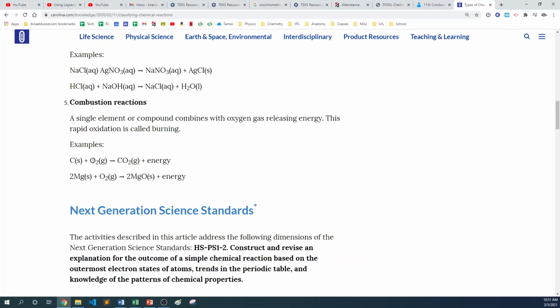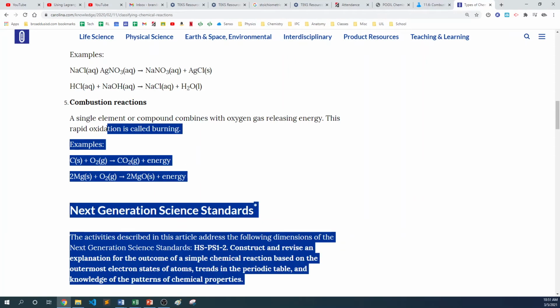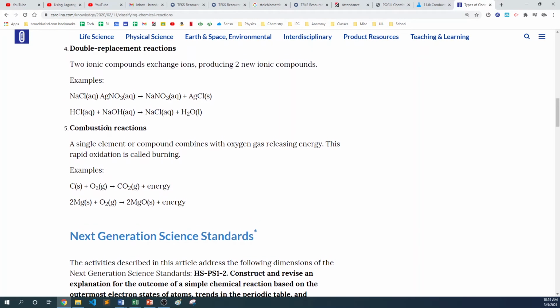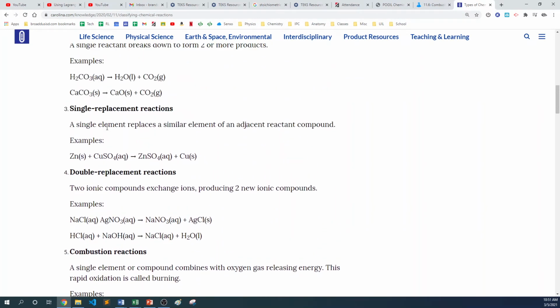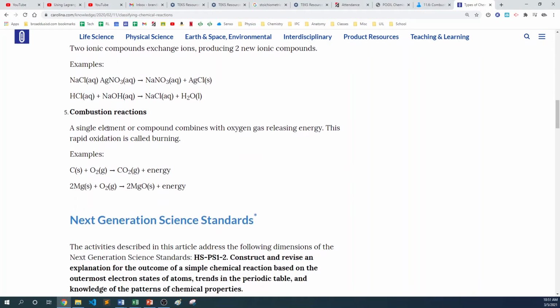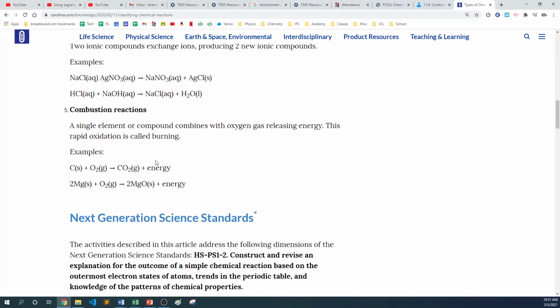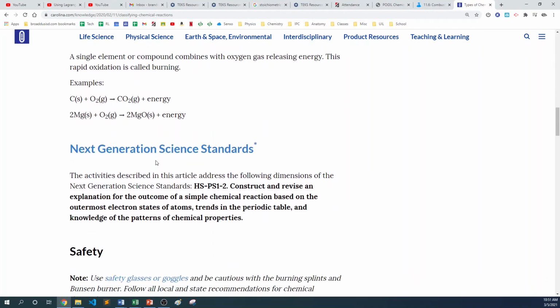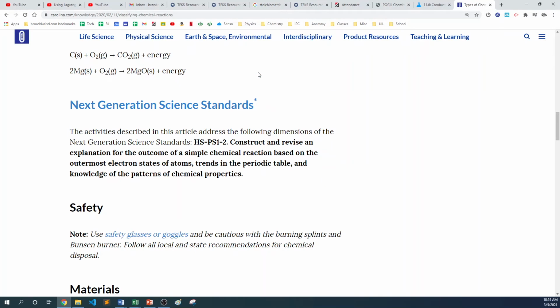It has to be with oxygen and release energy. If it's rapid, it's called burning. So rusting is technically synthesis and combustion. I think the notes and everything only talk about combustion whenever it's a hydrocarbon. A hydrocarbon is in the form of so many carbon and so many hydrogen.